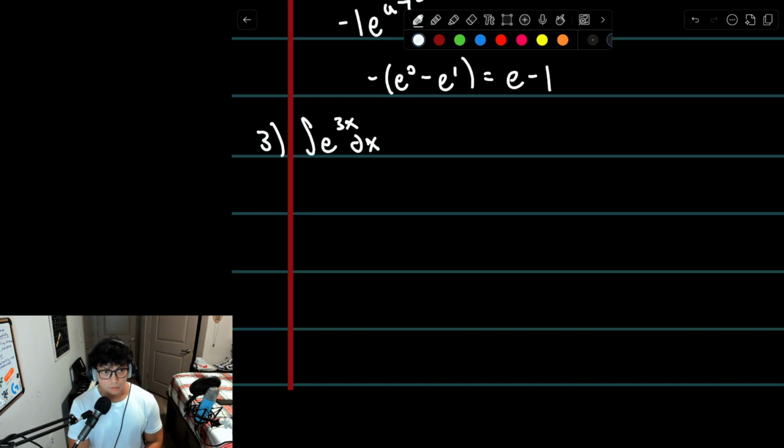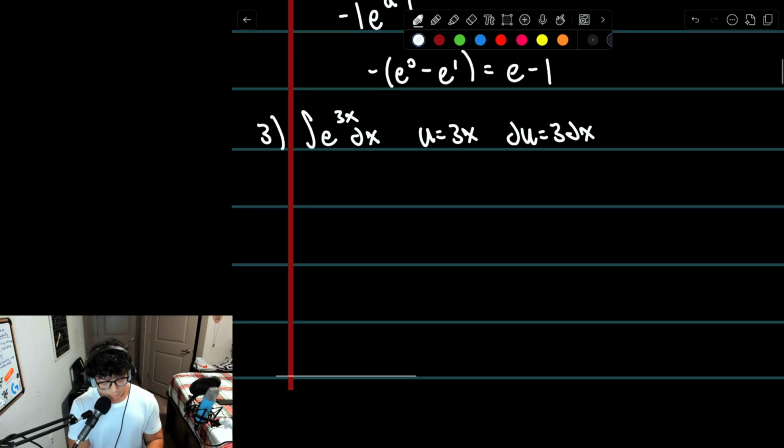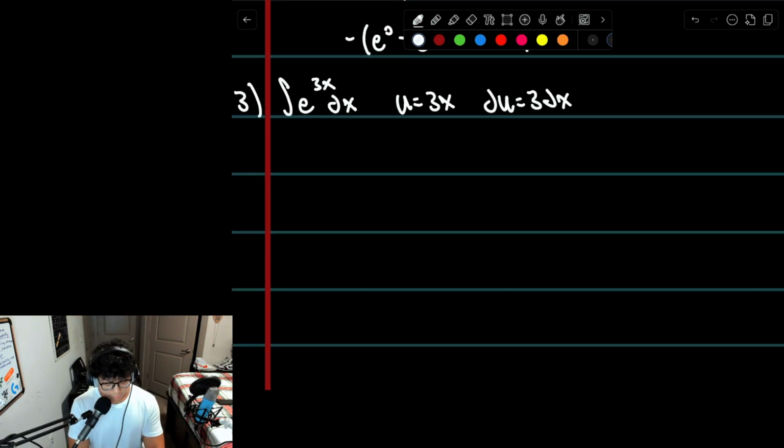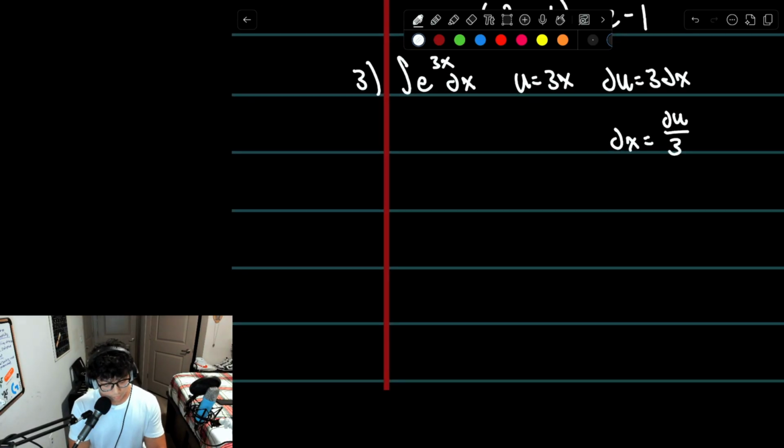Now, this is our inner function rule, right? This 3x, because it is a power, will be our u. The derivative of that is 3 dx. And to solve for dx, we just divide by 3 and plug in.